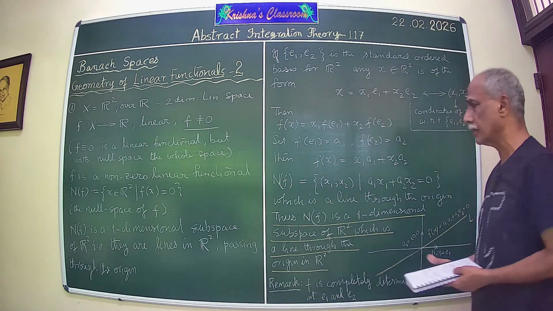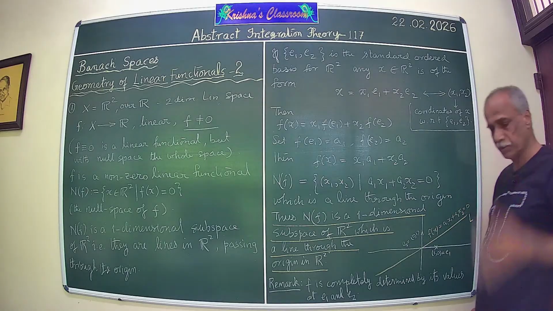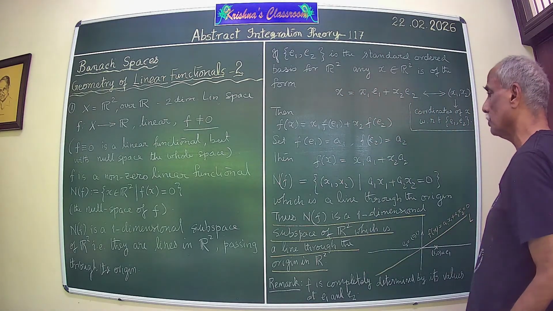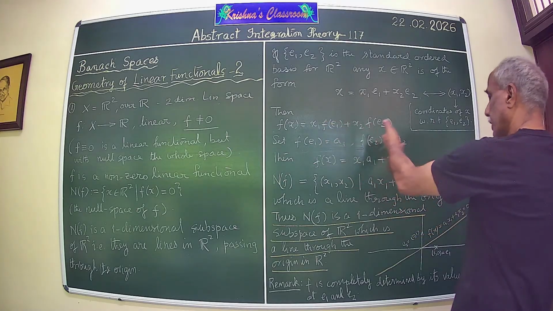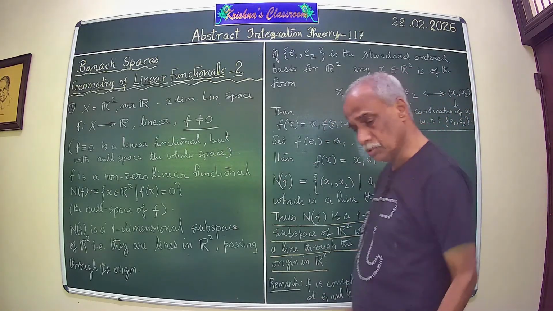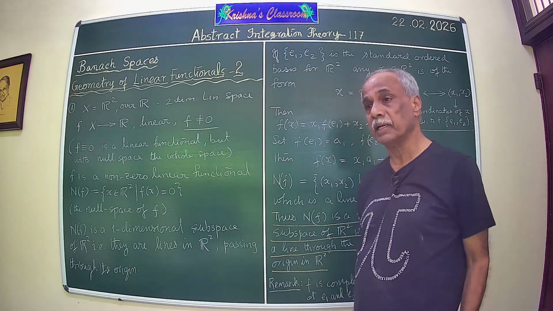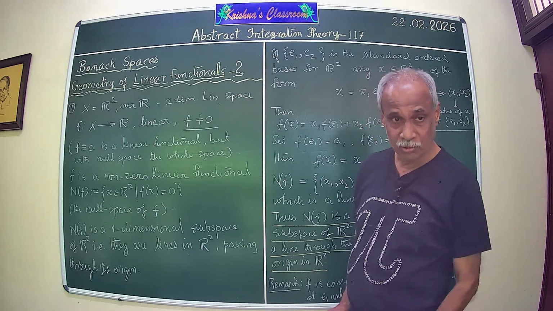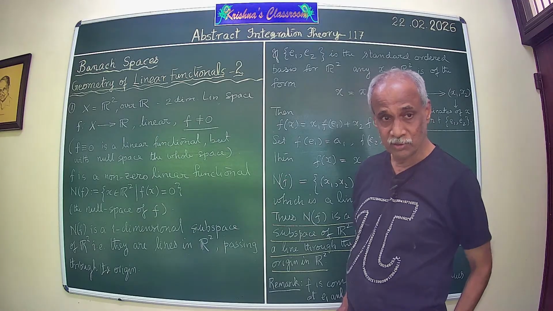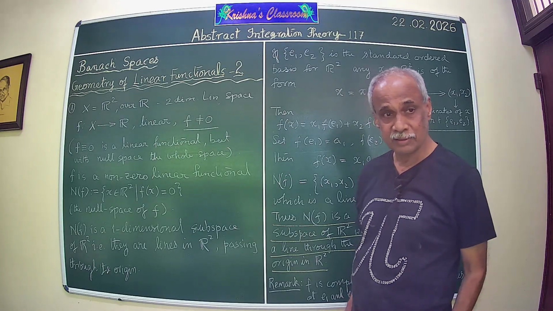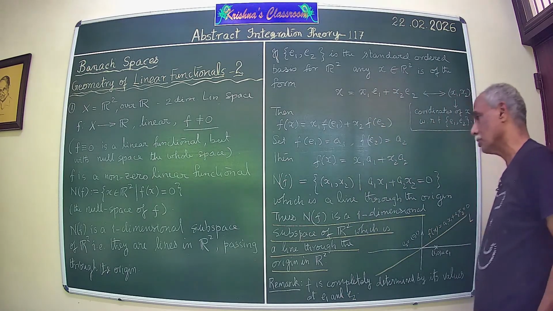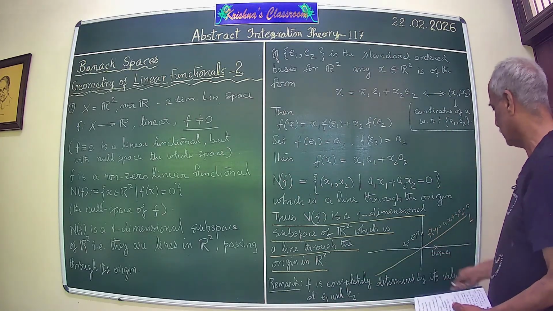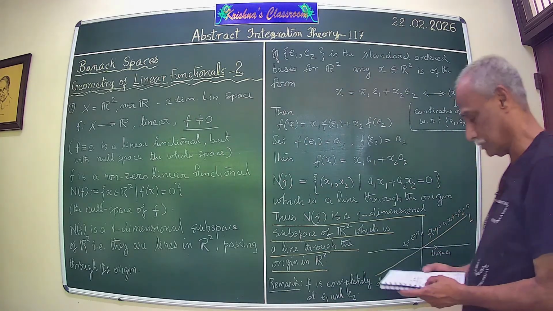A second remark which I don't want to write, I want to remind you, is that there is no sanctity for using e1 and e2 as the basis. You can use any two linearly independent vectors in R2 to craft the whole of R2. As you know, using the parallelogram law, you can make linear combinations of those vectors and reach all the vectors. So this is the scenario that you have.